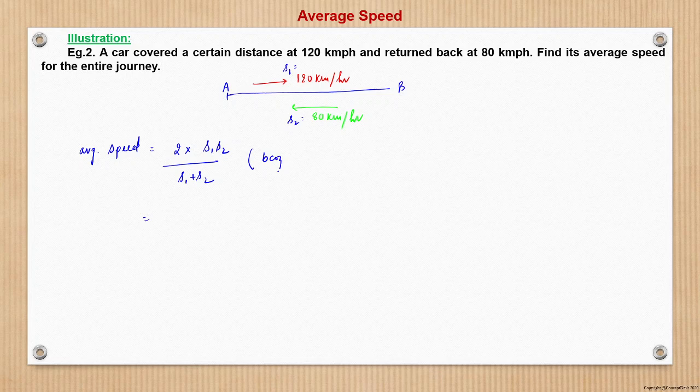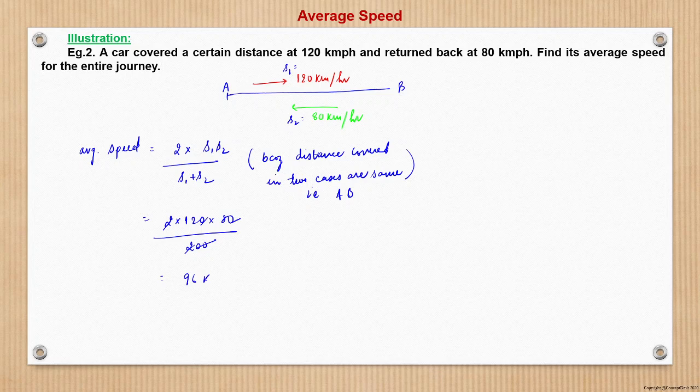Because the distance covered in two cases is the same, that is AB, right? So here it becomes 2 into 120 into 80 upon 120 plus 80, which is 200. So basically it is 96 kilometer per hour. This is using method 1.